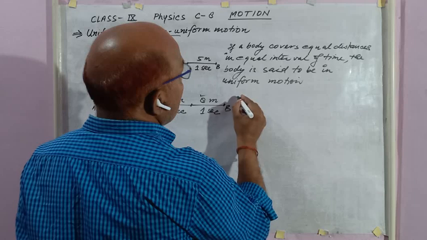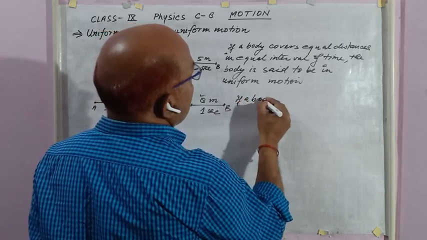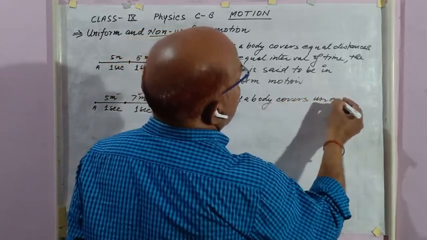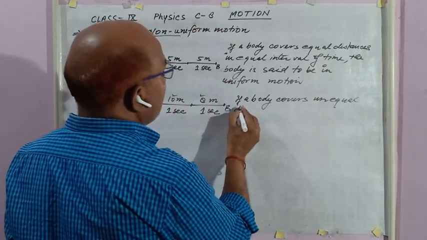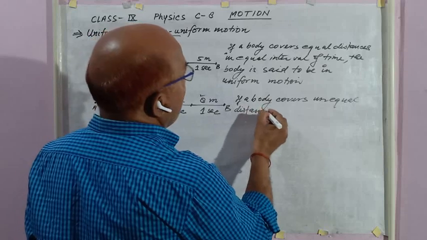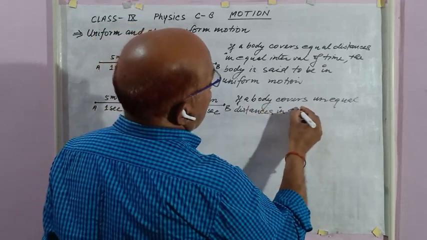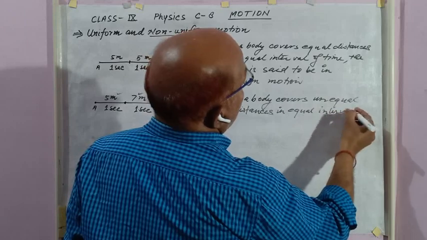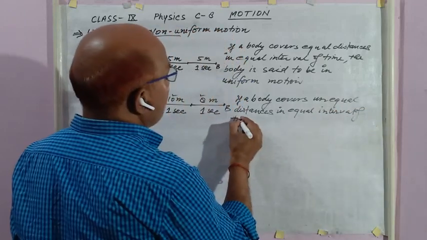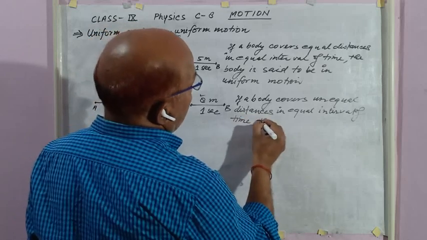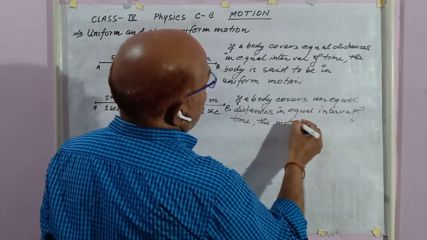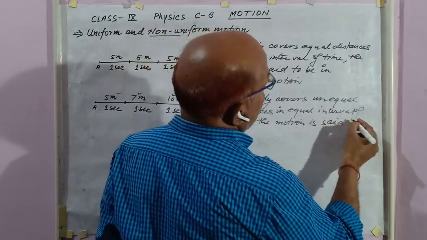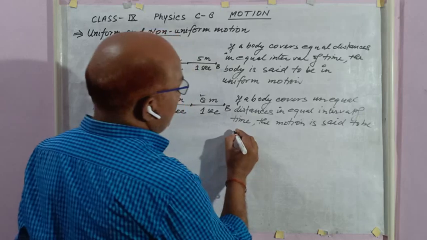So if a body covers unequal distances in equal interval of time, the motion is said to be non-uniform.